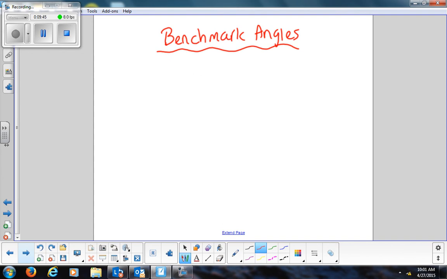All right. So if we have a quarter turn, right? A quarter turn is 1/4, but it is also 90 degrees, which we figured out, right?